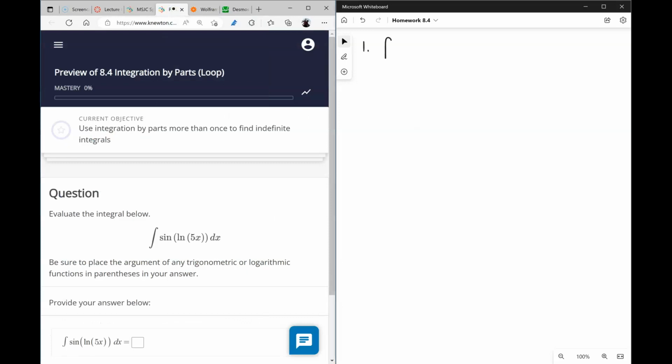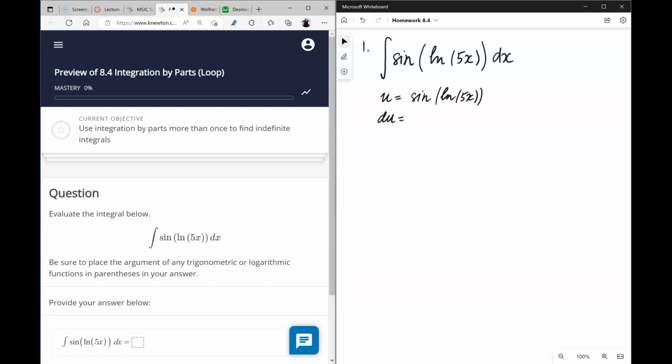This problem looks somewhat complicated, but as long as you are familiar with this pattern and the process, then you should be fine. So the idea is very simple. We don't have many choices here. We're gonna set u to be the sine of ln of 5x.